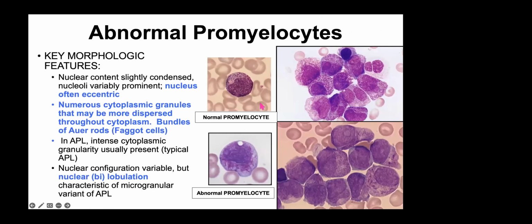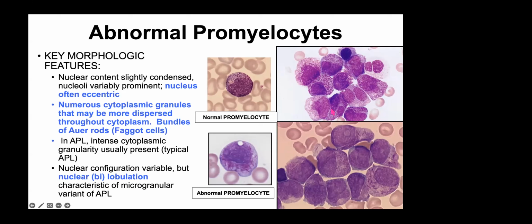Now, these are the key morphologic features of abnormal promyelocytes. As mentioned, the nucleus oftentimes would appear eccentrically located. The cytoplasm would show numerous cytoplasmic granules. They can be dispersed throughout the cytoplasm. And Auer rods can appear as bundles. So whenever you see that, that is typical for acute promyelocytic leukemia. We call them faggot cells.